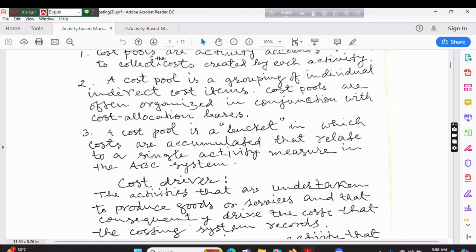In the transport pool, we keep different types of vehicles. In a cost pool, we accumulate cost information for each individual activity.